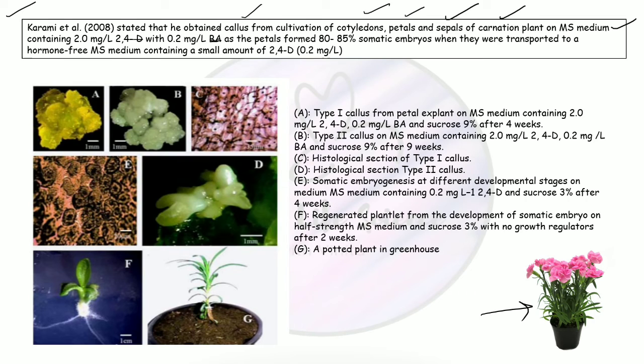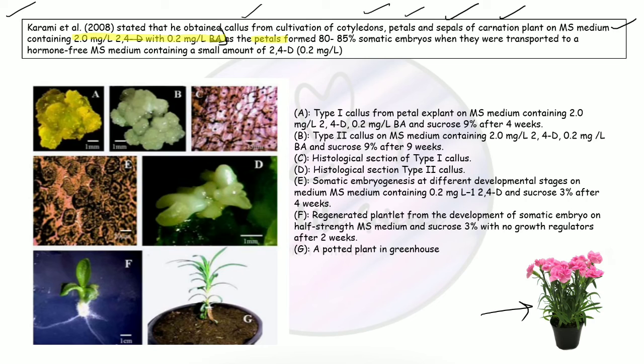So until here, they have used three different parts of the plant, that is cotyledon, petals and sepals, and they induced callus in this plant by using this particular phytohormone concentration. I hope you are clear till this point. After successful callus induction, they used the petal-induced callus for the induction of somatic embryos.